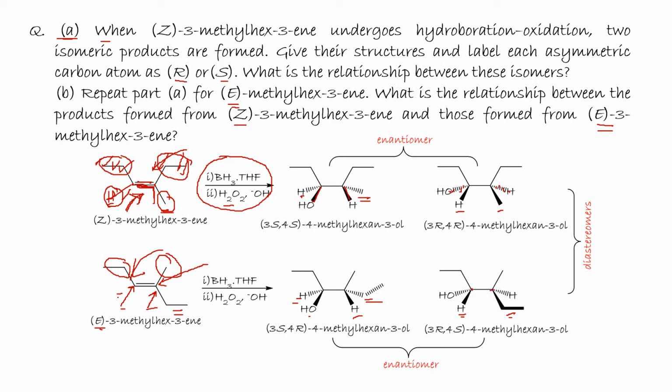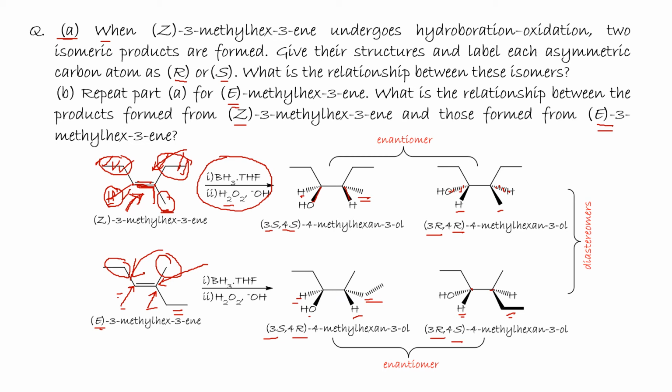Now in the upper one we have 3S, 4S, and the other enantiomer will be 3R and 4R. In the E isomer we get 3S, 4R and 3R, 4S.